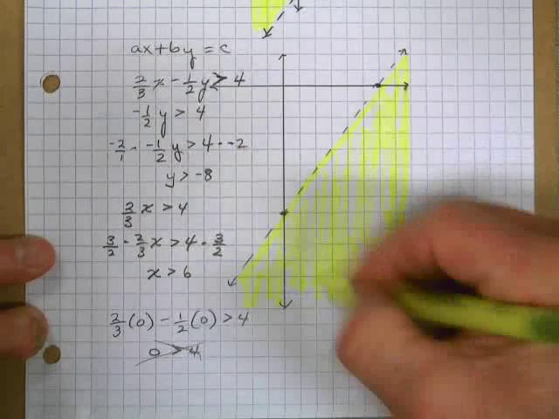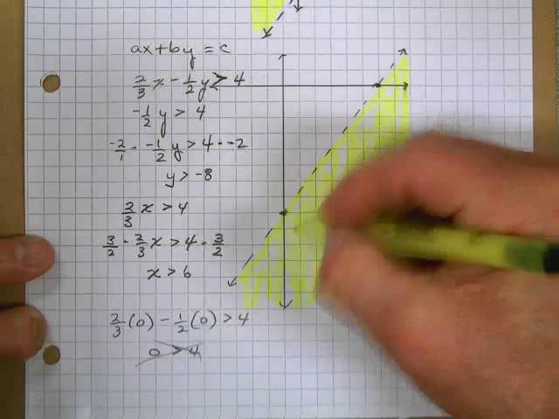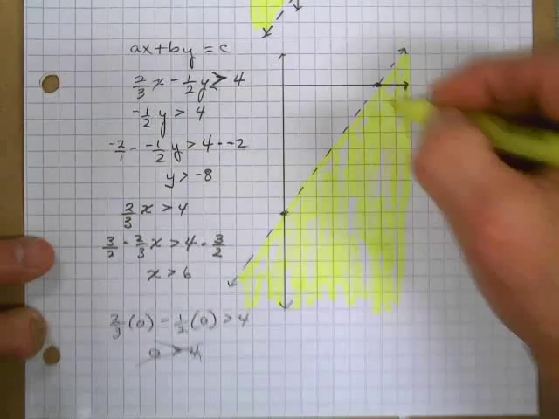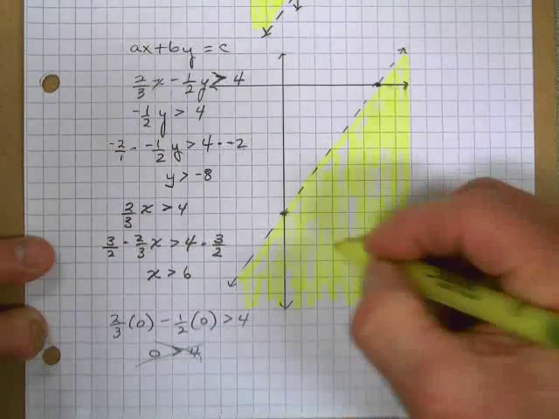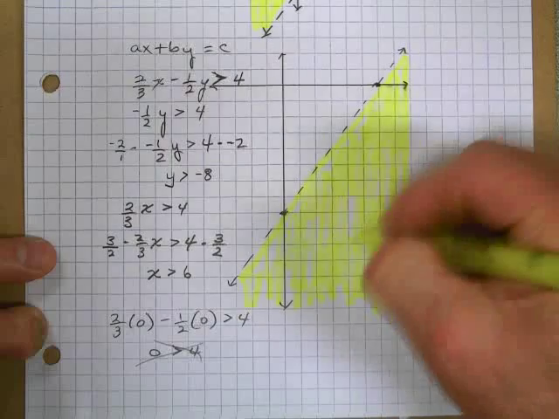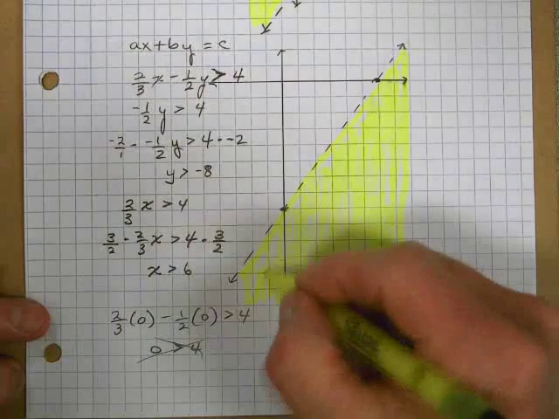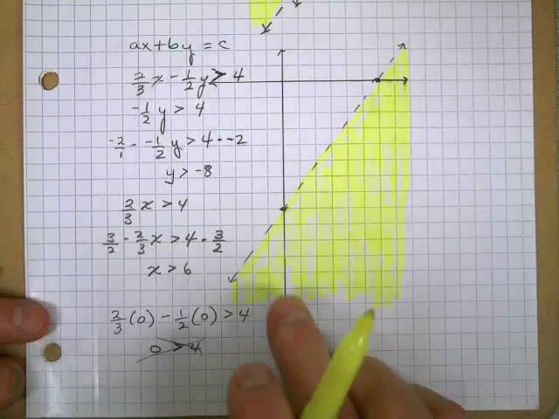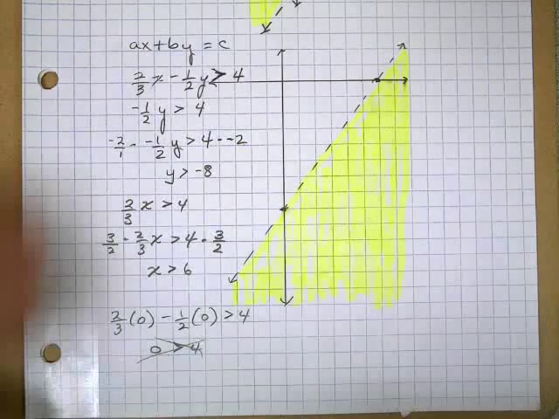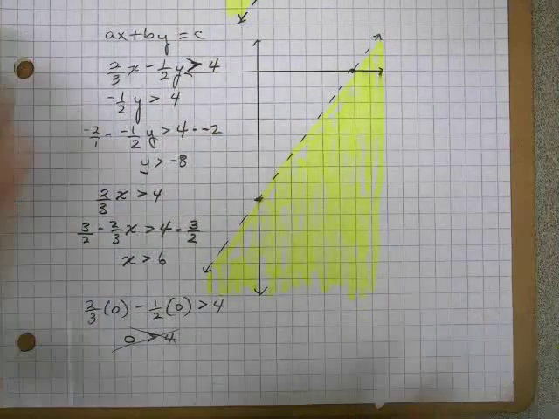If you want to check, you can substitute either an ordered pair that's included in the shaded region, or an ordered pair that's included in the non-shaded region, and verify that the solution is correct.